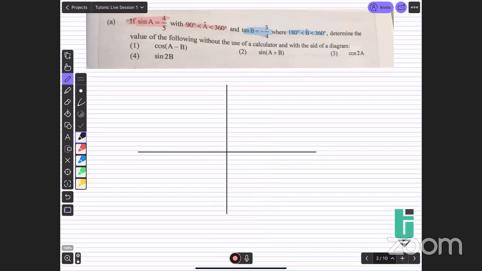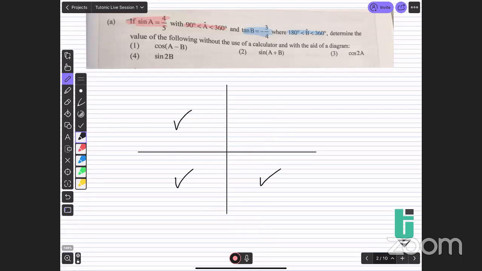So it's second and third quadrant. Well, if it's below 360, it can still be in the fourth, can't it? Because 350 is here, right? So if they say greater than 90, it's either here or here, right? Do you guys agree? Yes.